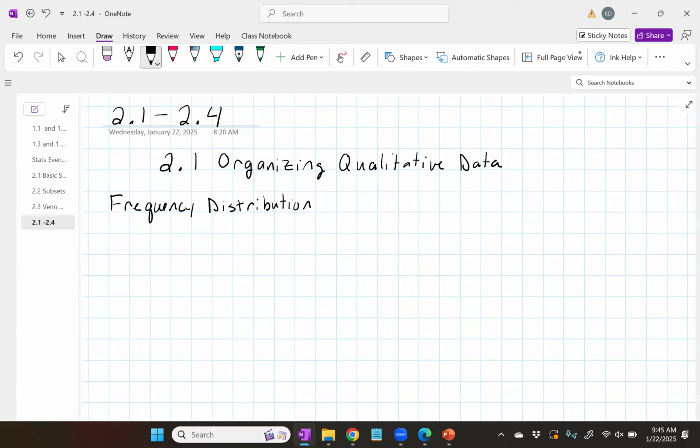So our frequency distribution is a list of categories of our data and a count of occurrences.